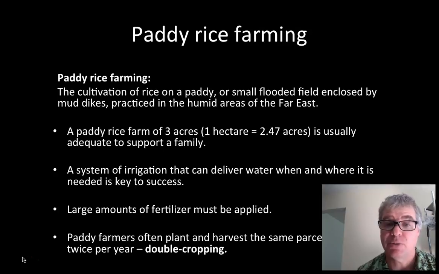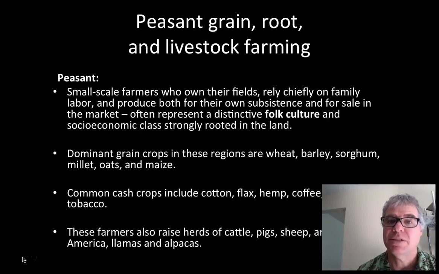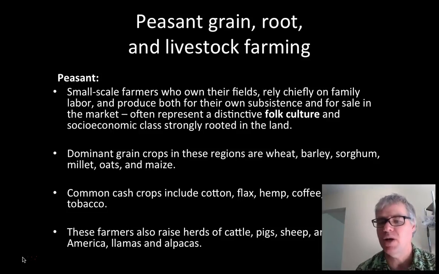Another major type of farming is paddy rice farming. Huge areas of Asia, of course, rely on rice as their staple crop, and so this is a very important type of agriculture. Peasant grain, root and livestock farming is important. These are small-scale farmers that own their own fields, kind of like what in the U.S. we would call family farms, or more community-oriented farms in a lot of parts of the world.